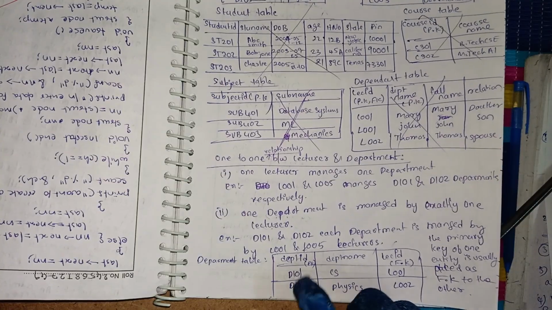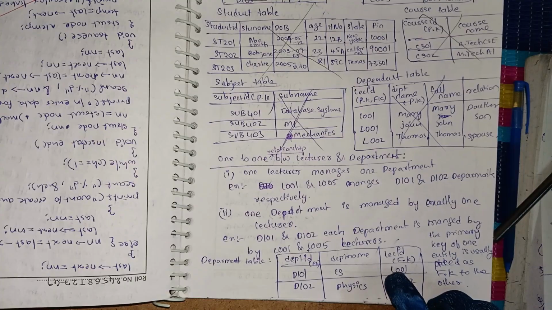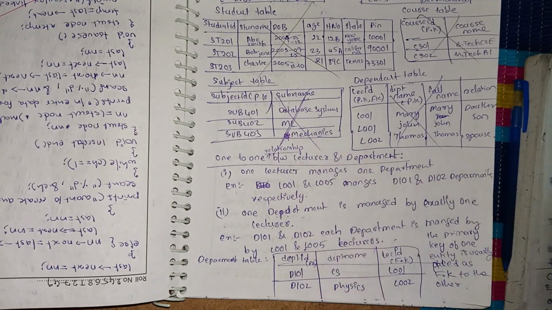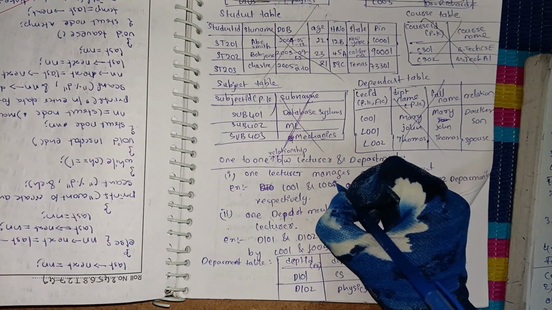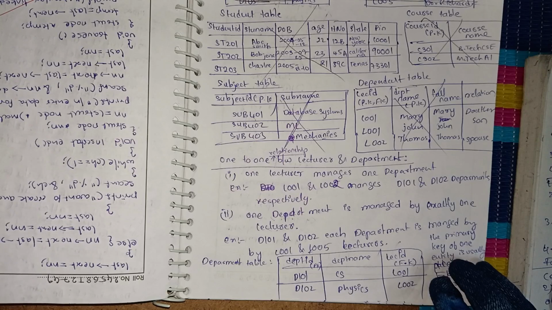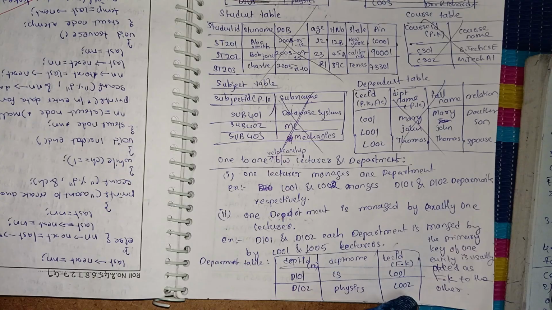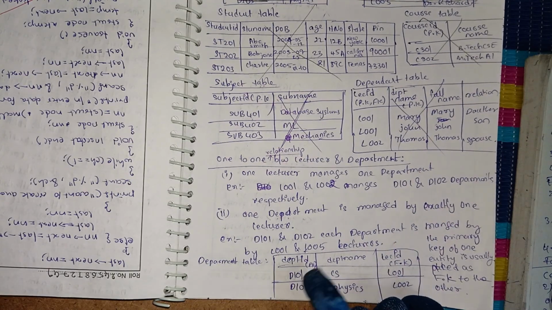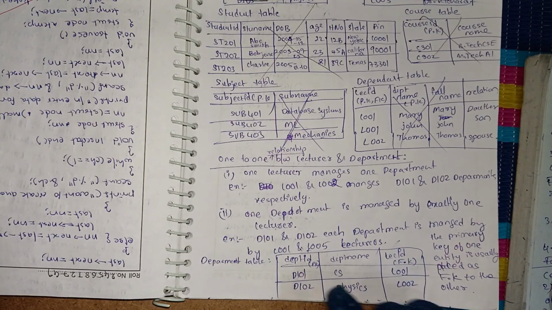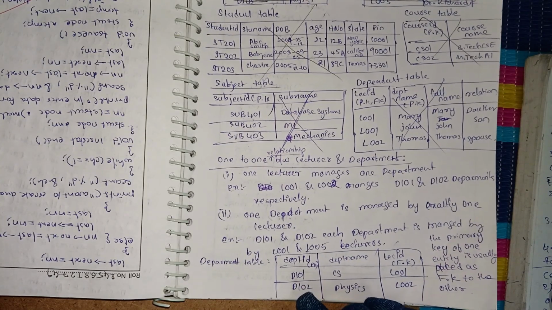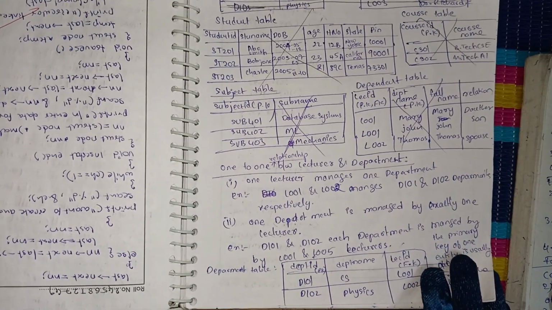Each lecturer ID, L001 and L002, is related to exactly one department: L001 is related to D101 and L002 is linked to D102.